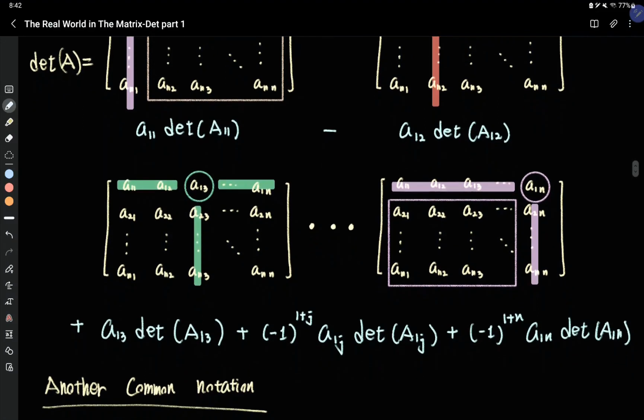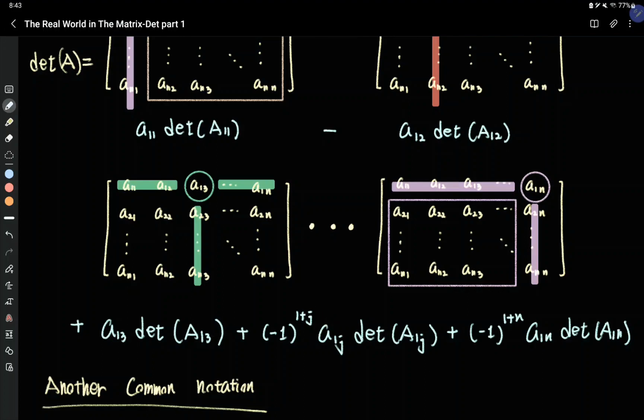In general we can express the alternating sign as minus 1 to the 1 plus j. Here 1 is the row index, and j is the column index.